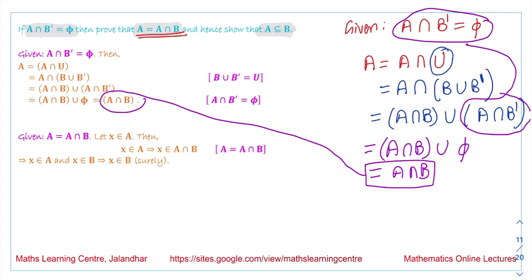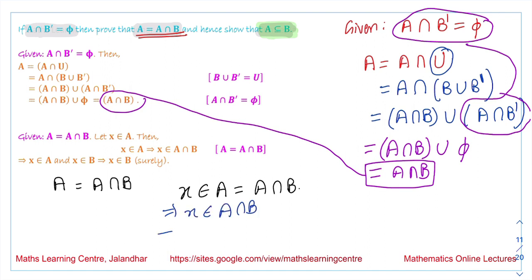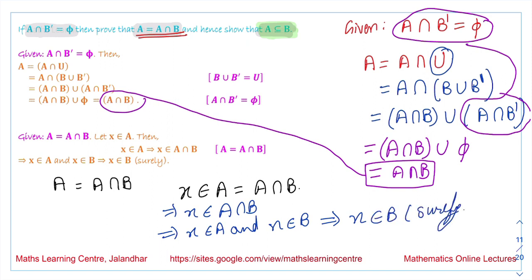Now the next thing we have to prove is that A is a subset of B. We have A is equal to A intersection B, and we have to prove A is a subset of B. So let us suppose that an X belongs to A, and A is equal to A intersection B. This implies that X belongs to A intersection B. This implies X belongs to A and X belongs to B, and this implies X belongs to B. So X belongs to A implies that X belongs to B. What does this mean?